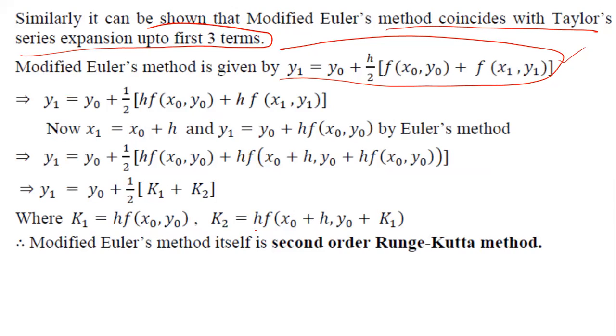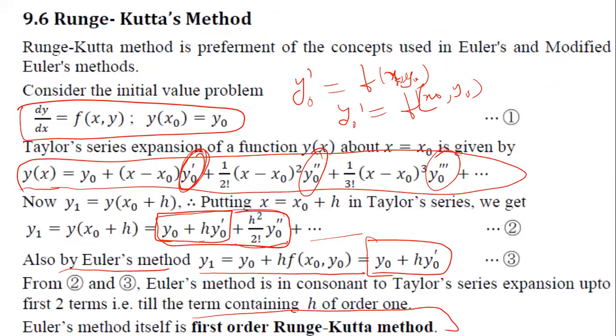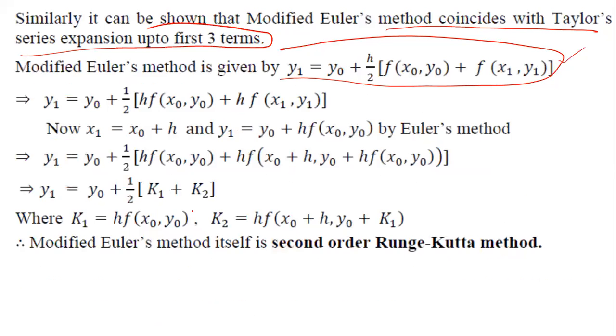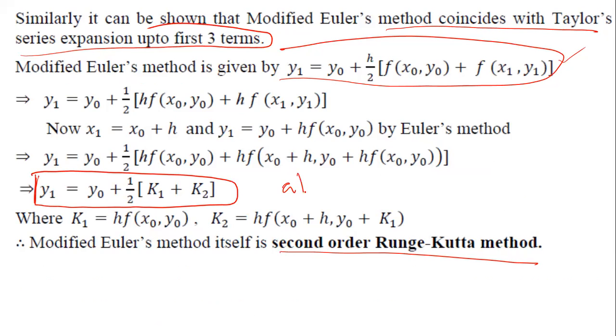The modified Euler approach, whatever we did, was similar to considering up to the third term of this Taylor series method. So this modified Euler method is also taken as the second order Runge-Kutta method. Okay, so in the second order Runge-Kutta method, in order to find the y1 value, the value of y at x1, we use this formula.